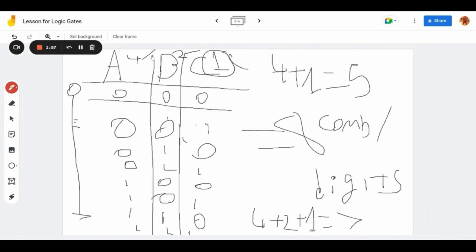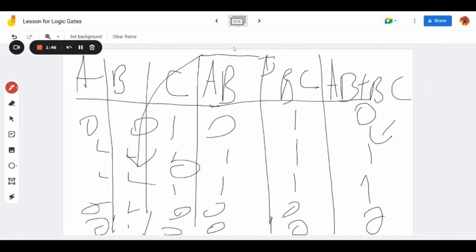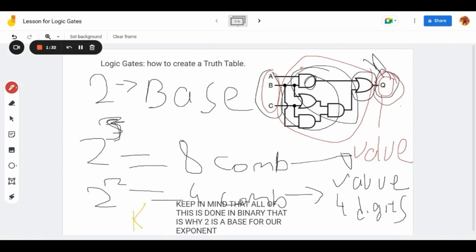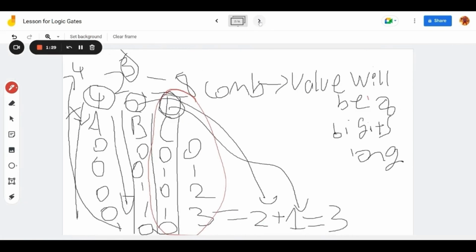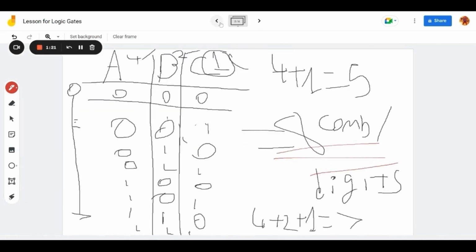Once we've finished filling up the table, depending on our amount of combinations, we continue adding or multiplying the numbers together to get our final equation or value, which would represent the value over here, as you can see.